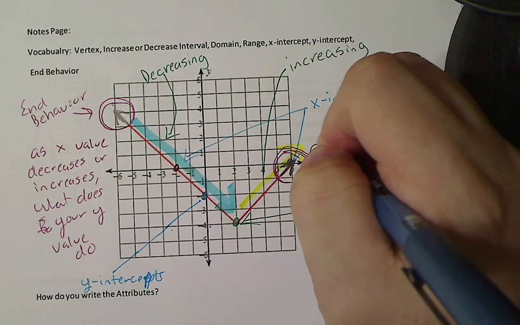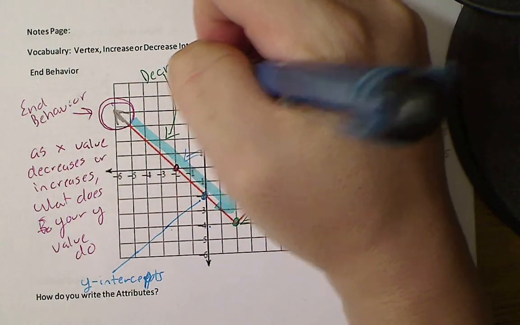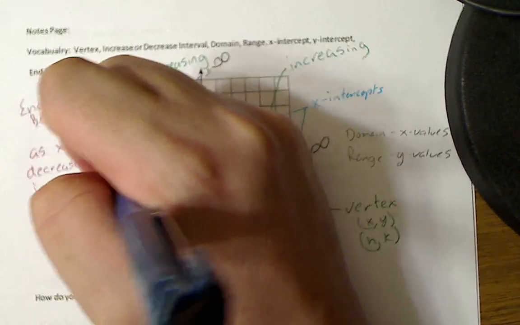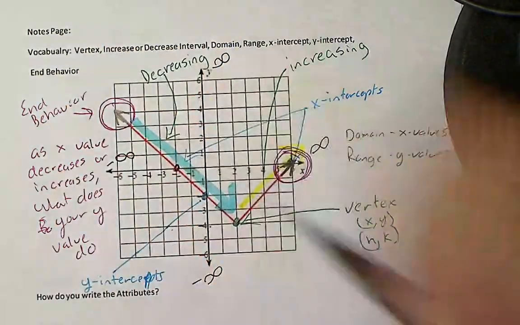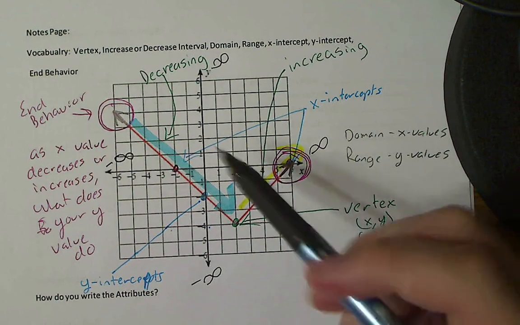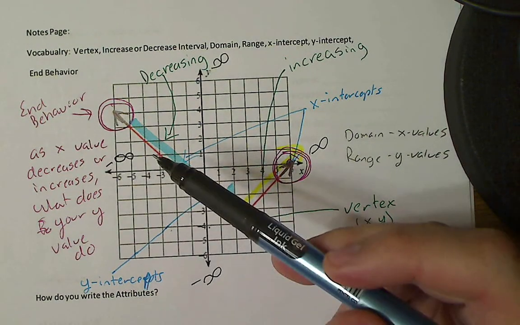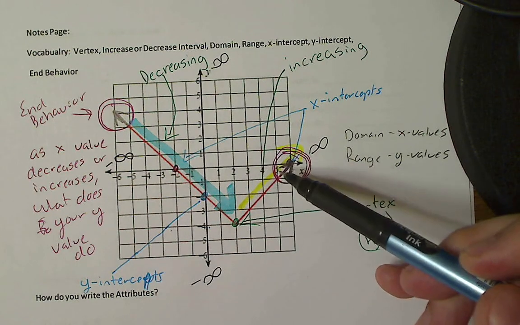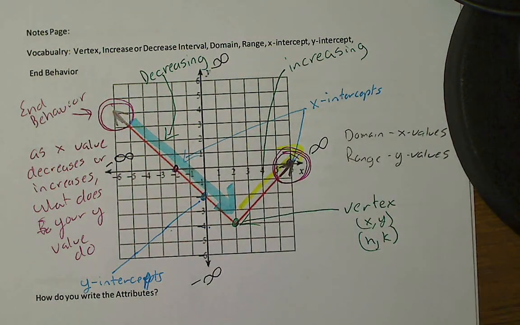If you draw an infinity symbol here, an infinity symbol here, a negative infinity symbol here, and a negative infinity symbol here, that'll help with your end behavior, because if x is going this direction, y is going this direction. If x is going this direction, y is going this direction. Okay. So that's your basic vocab for this unit.